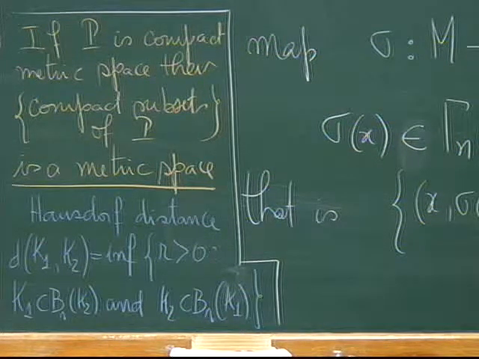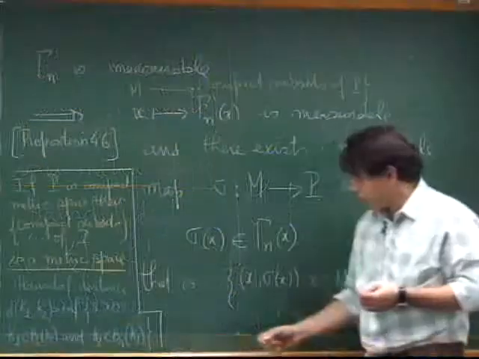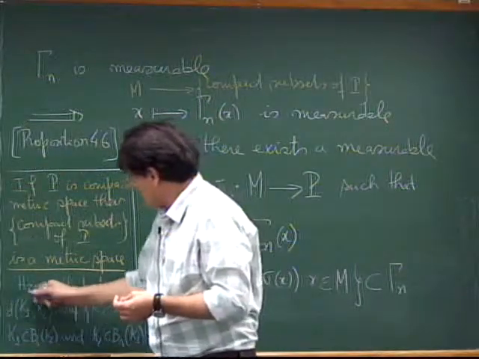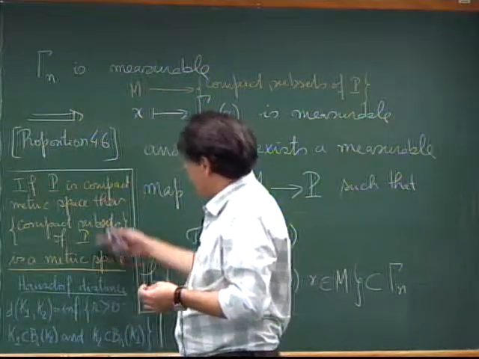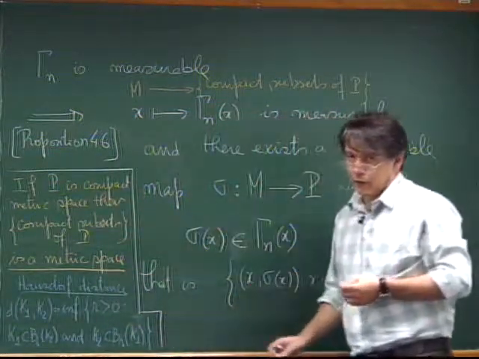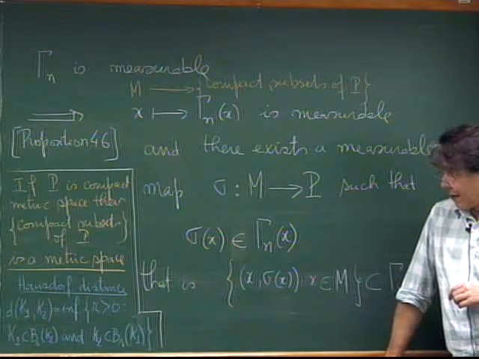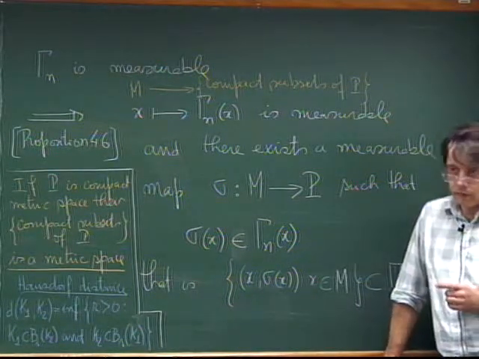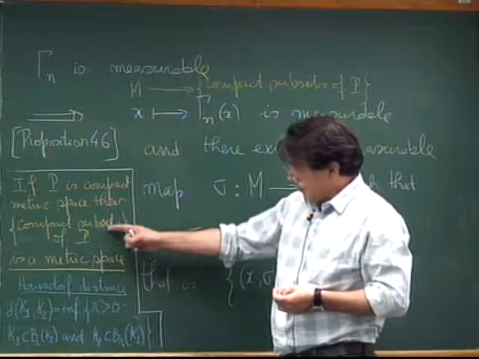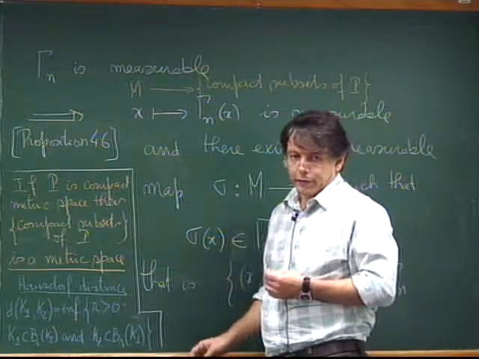Exercise, this is a distance. Hausdorff distance. We also talk of Hausdorff topology in this space. Exercise, if P is a compact metric space, then this is also a compact metric space.